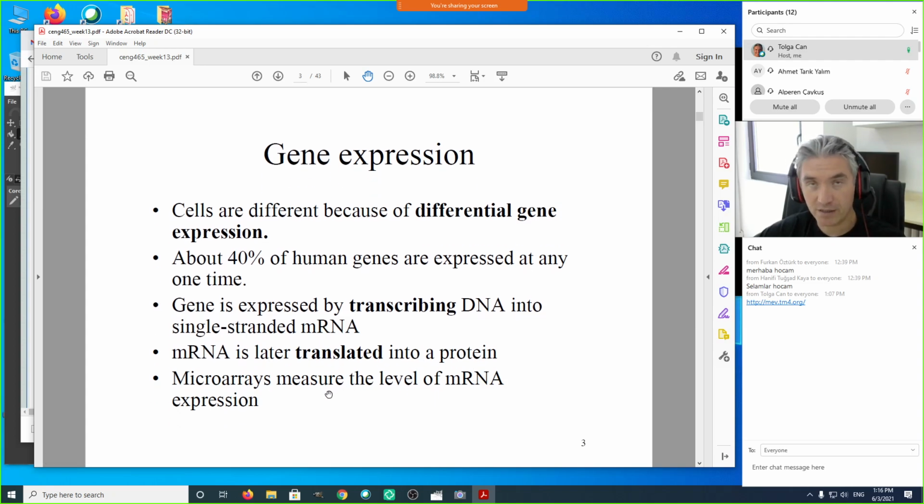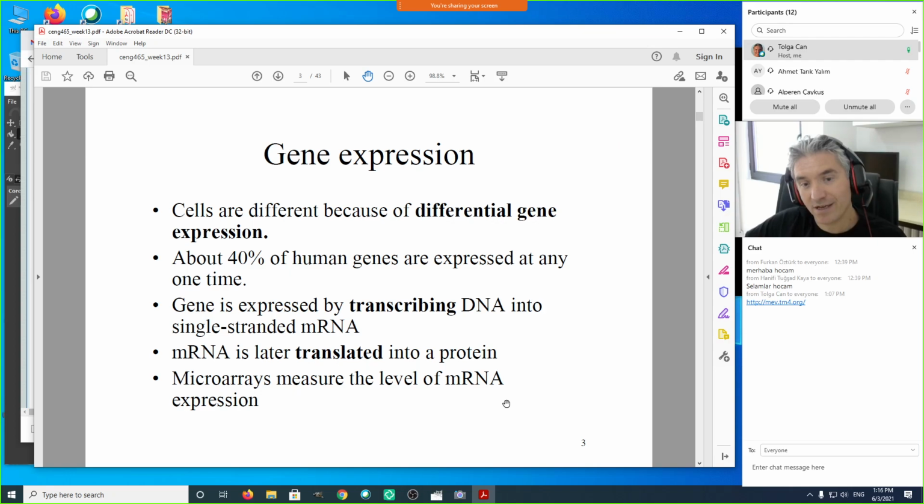Microarrays or RNA-seq experiments, the next generation sequencing experiments, measure the level of messenger RNA expression. There are different quantities of messenger RNA in the cell, and the more messenger RNA we have, it means the cell wants to make more of this protein. Why does the cell want to make more of this protein? It may be because certain biological processes are active at that point.